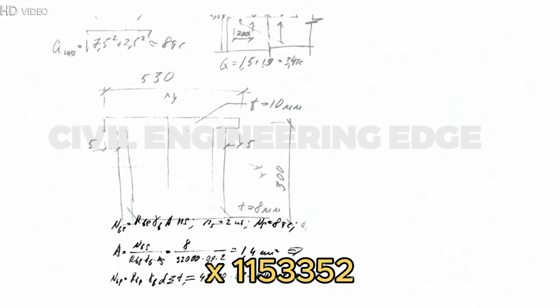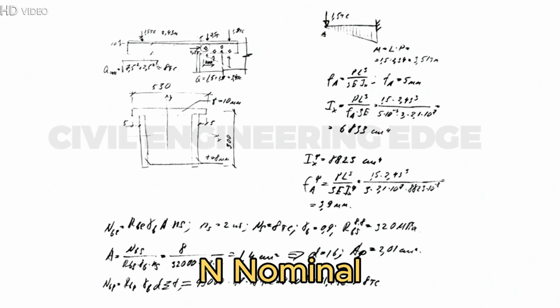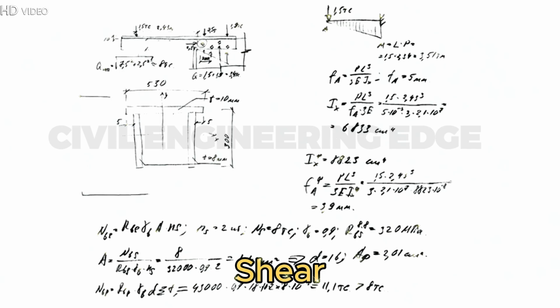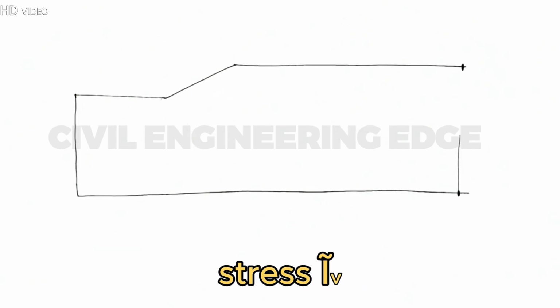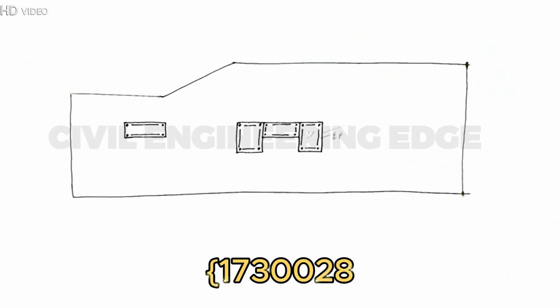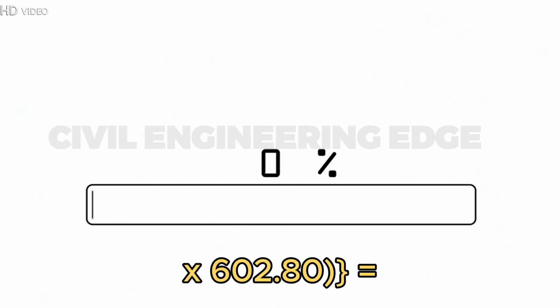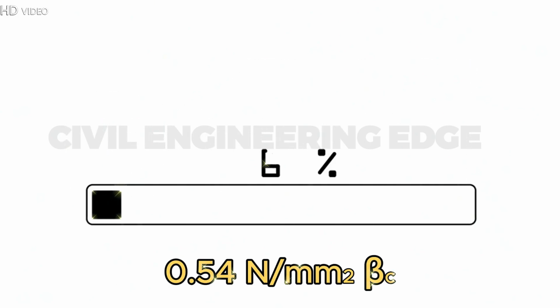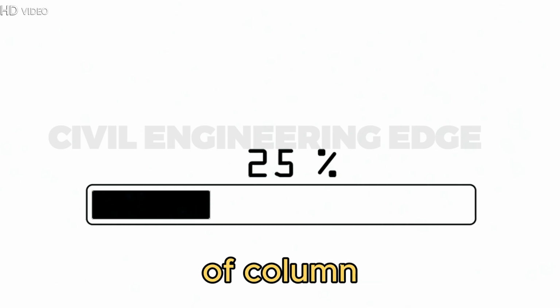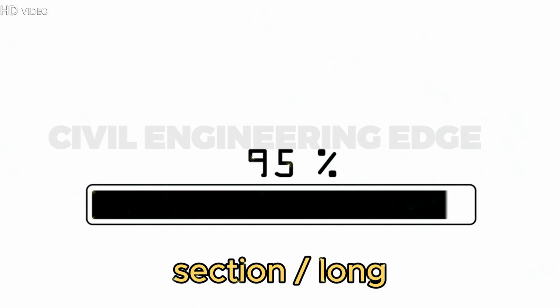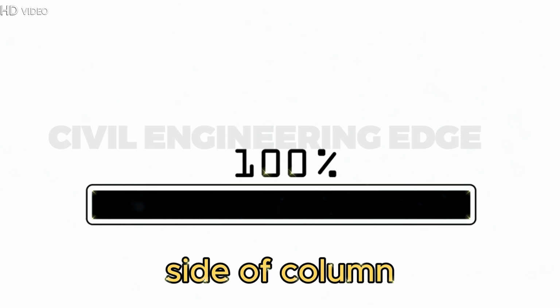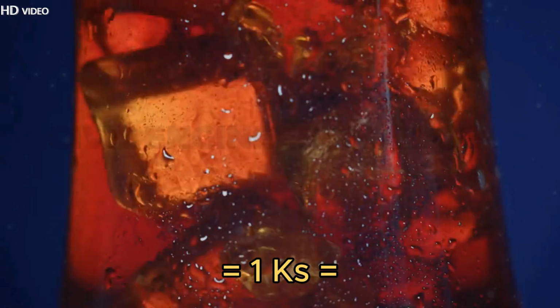1,153,352. Factored shear equals Vu equals 1.50 x 1,153,352 equals 1,007 x 600 to 0.80 equals 0.54 N per square millimeter. Beta c equals short side of column section over long side equals 1.